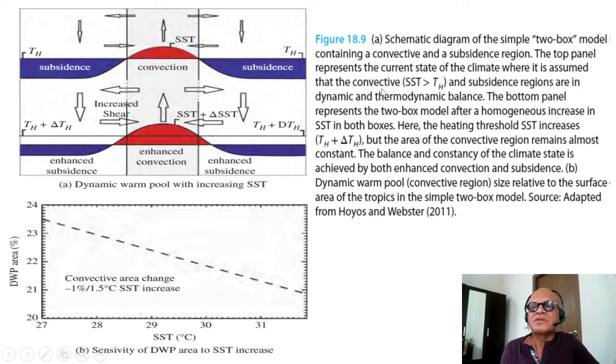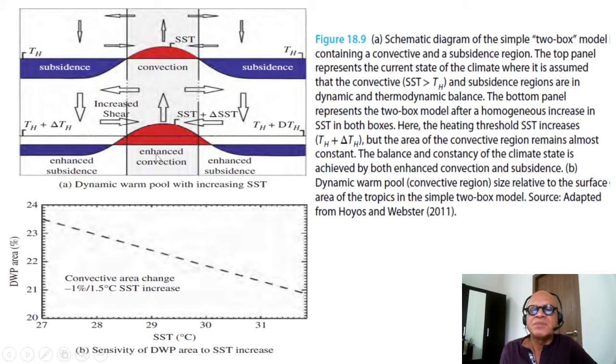The top panel represents the current state of the climate, where it's assumed that the convective SST is greater than TH and subsidence regions are in dynamic and thermodynamic balance. So you have a mean temperature that's determined by convection and rising motion and column heating happening here, and there is an outgoing longwave radiation balance, net cooling balance, happening over here. So the two boxes are in equilibrium.